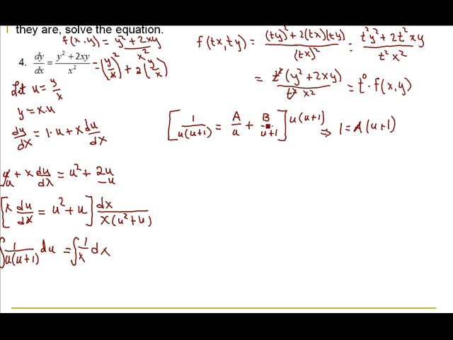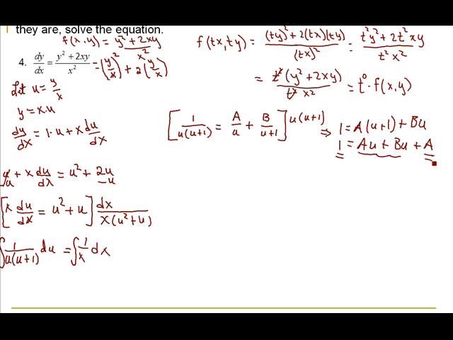And here for the b term, the u plus 1 will cancel, and it leaves you with b times u. So simplifying the right side of the equation, we get a u plus bu. That's my u terms. And then plus a is my constant term, is equal to 1.